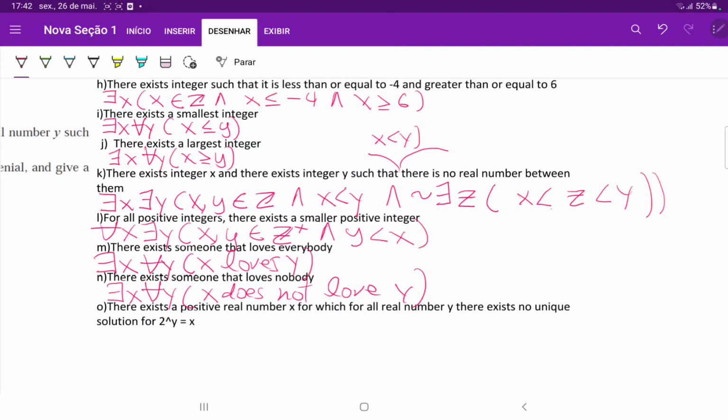And lastly, we're saying there exists a positive real number x.